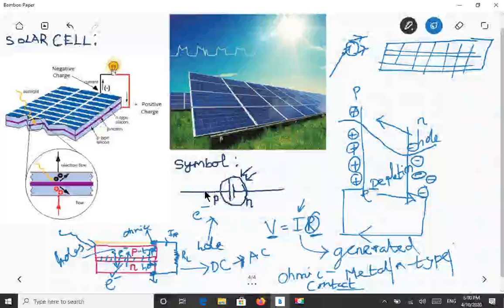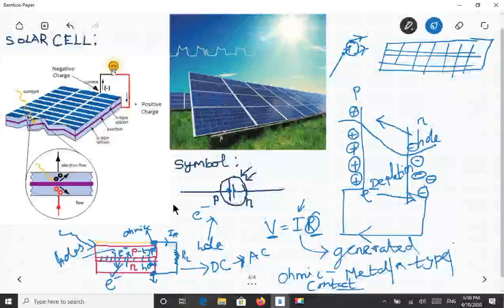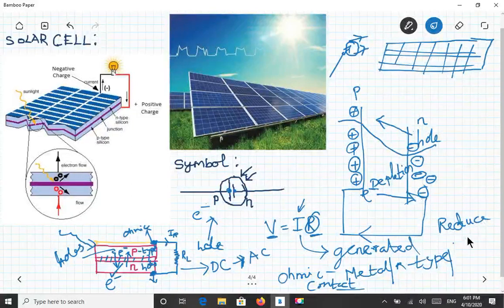This is the metal and this is the semiconductor, welded to the metal, which forms the ohmic contact here. What is the purpose of ohmic contact? It will reduce the resistance. So that's the purpose of ohmic contact.